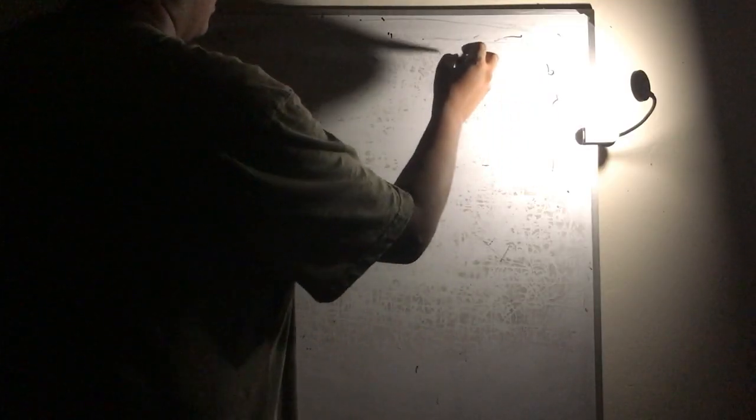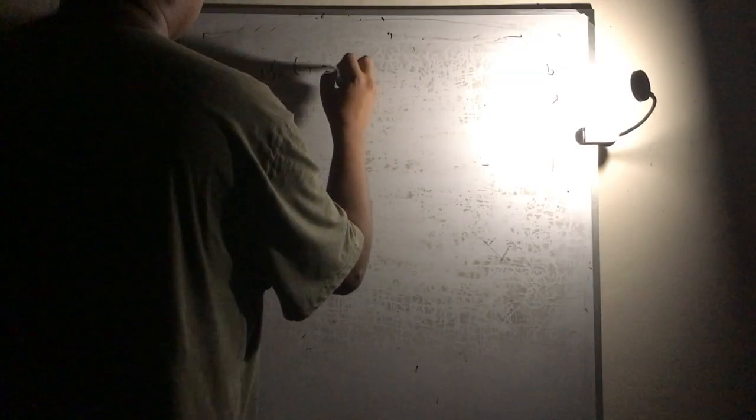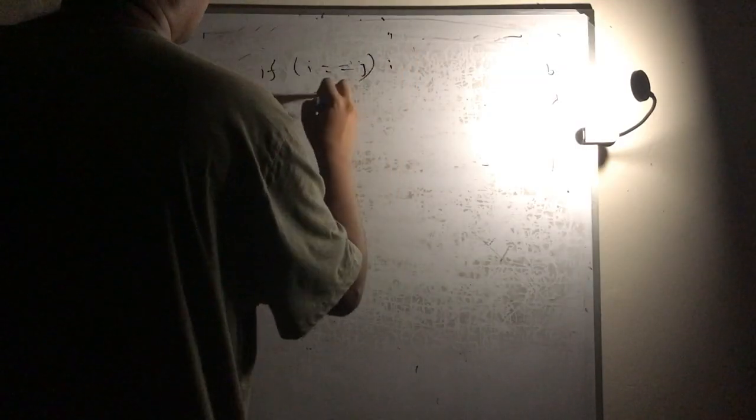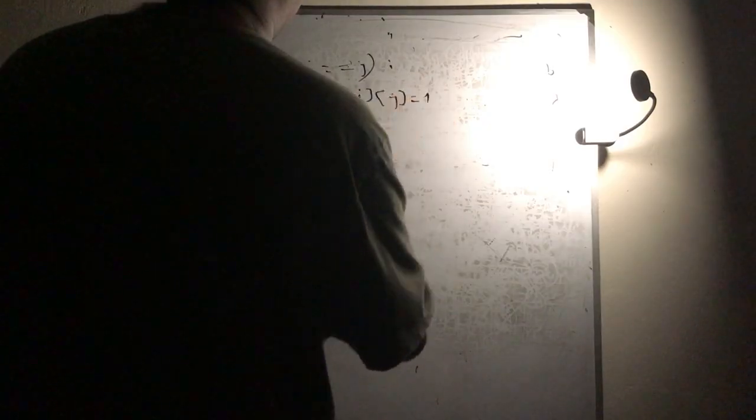You will find this algorithm on websites. It's a very common algorithm. So let's write it again. If i equal j, x i j equal 1. Okay.